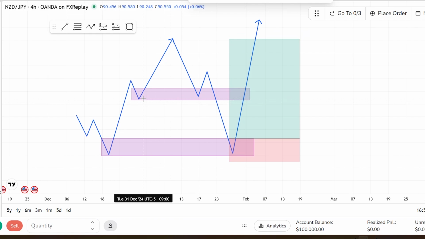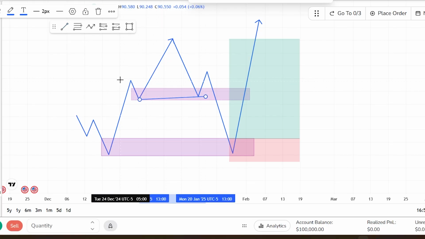Well, the explanation for this is that at some point this market is trying to rebalance so as to continue higher, but this is a more discount area than this. And as price is coming back, it's actually reacting here, hence forming relatively equal lows.